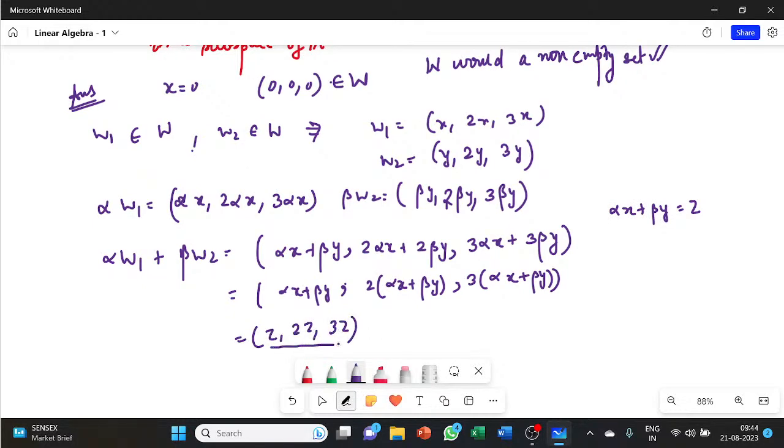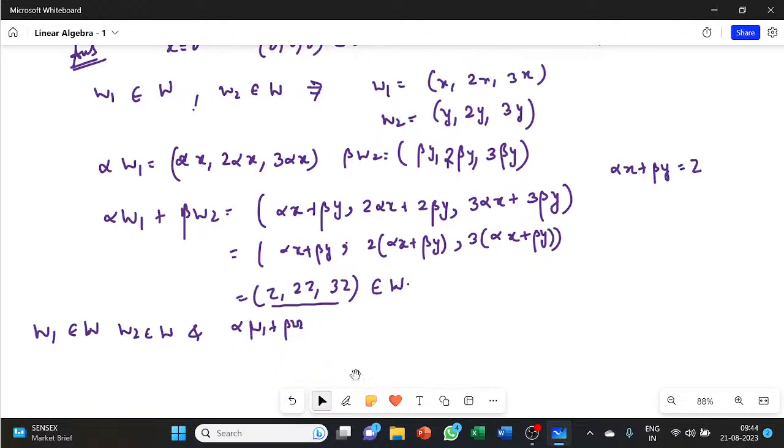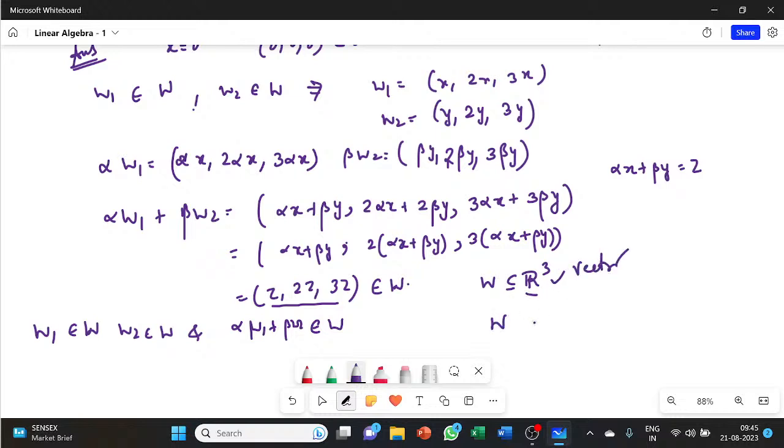So clearly this belongs to W. So if W1 belongs to W, W2 belongs to W, and alpha W1 plus beta W2 also belongs to W, where W is a subset of R cube and R cube forms a vector space, then clearly W is a subspace of R cube. Is that clear till now? Please let me know.